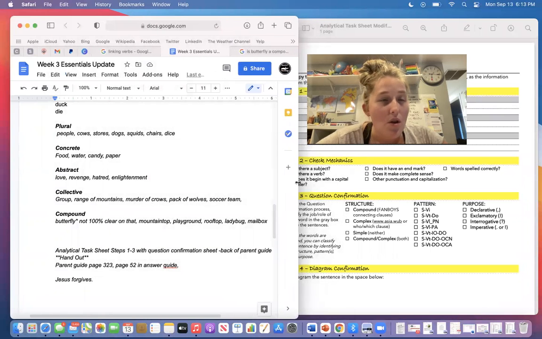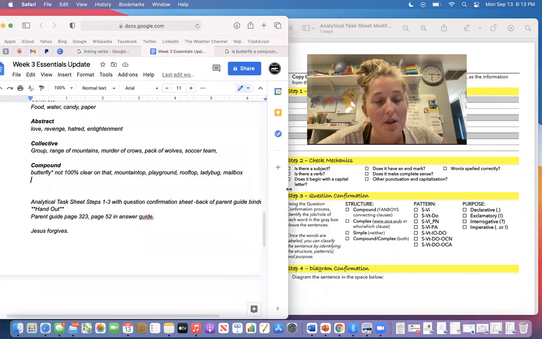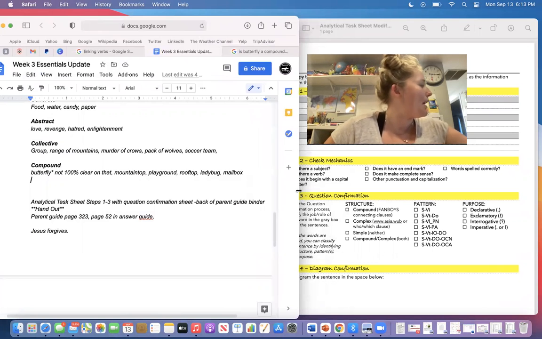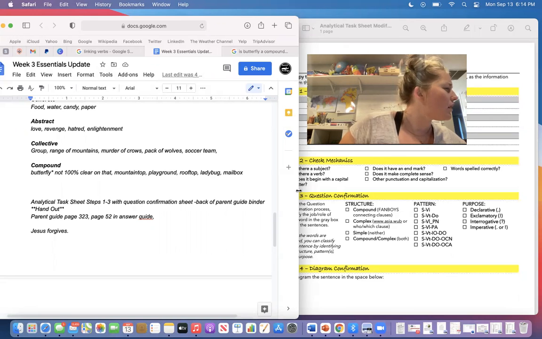Okay, so our analytical task sheet, parents, you can turn to your parent guide. It's at the end portion. It briefly goes over, one second here.